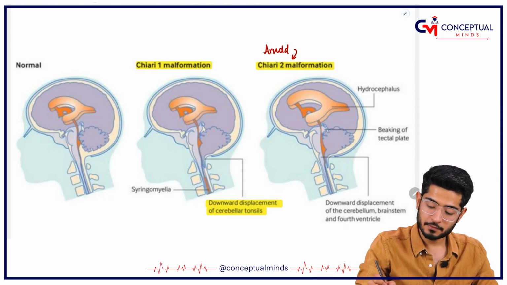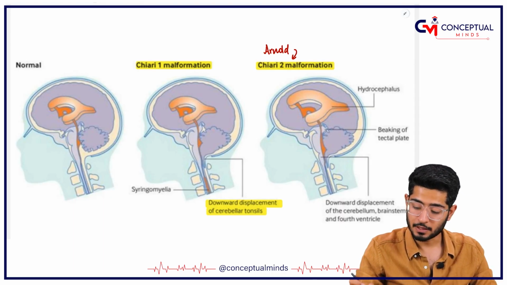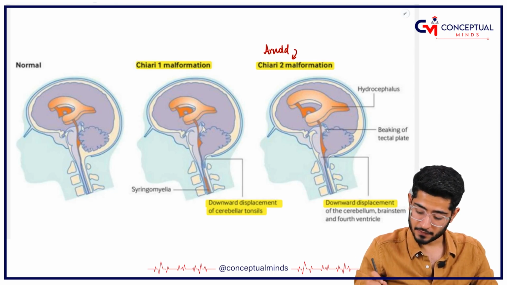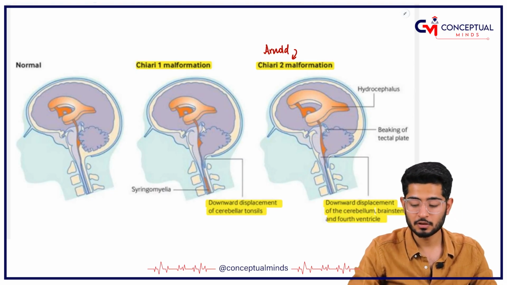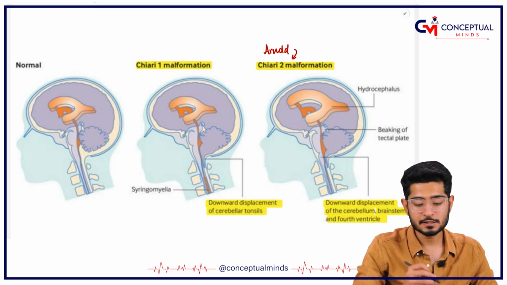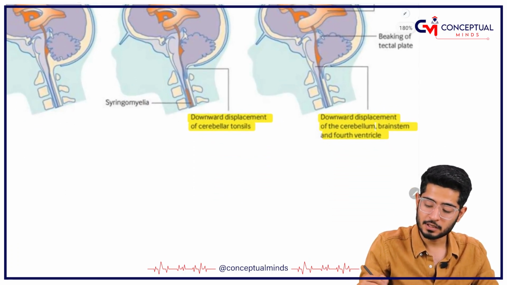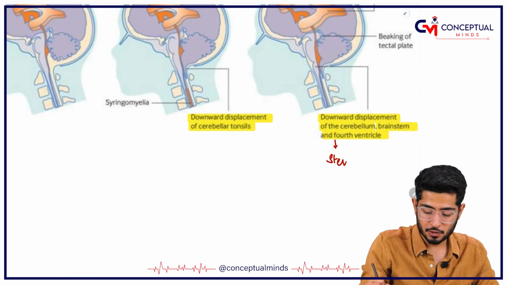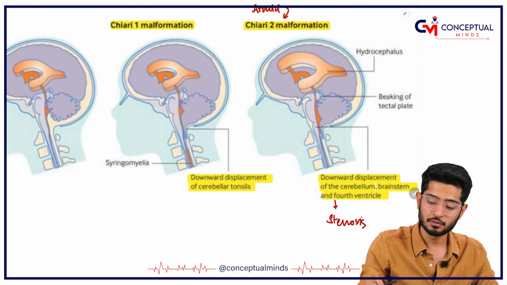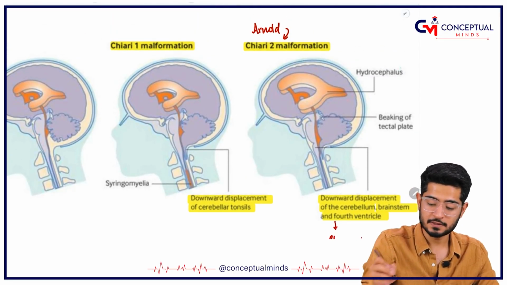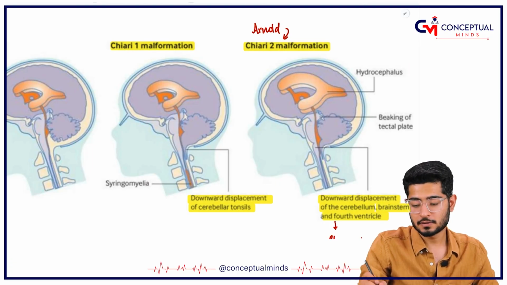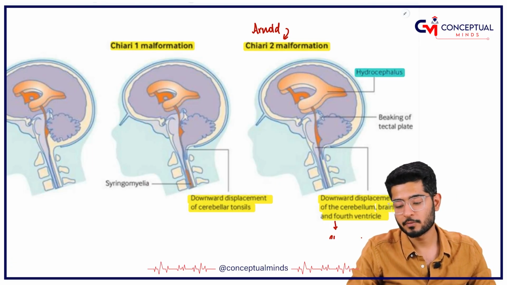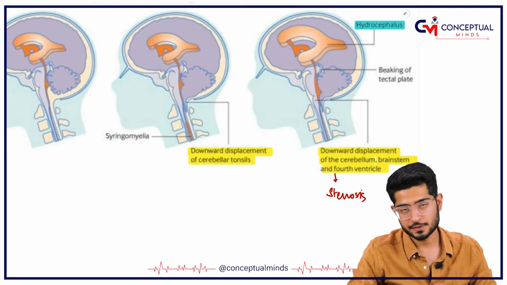Whereas in Chiari malformation type 2, what is going to happen is that there is of course the downward displacement of the cerebellum, but there is downward displacement of the brainstem also, and of the fourth ventricle also. Since there is downward displacement of the fourth ventricle, this causes a stenosis kind of a thing, and that is going to cause hydrocephalus.